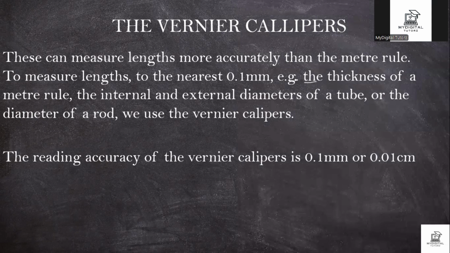We use vernier calipers. And the reading accuracy of vernier calipers is 0.1 mm or 0.01 centimeter, meaning that it can measure up to the smallest value of 0.01 centimeter. Anything smaller than 0.01 centimeter, you will not get accuracy using vernier calipers. I hope I'm communicating.